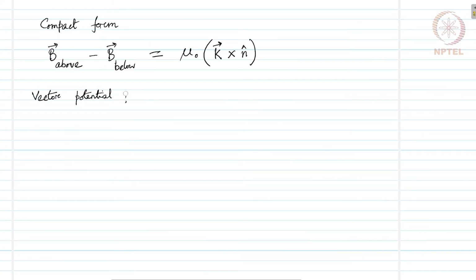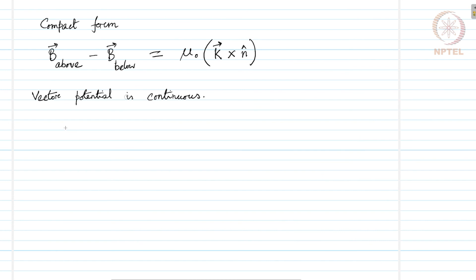Therefore, the vector potential must be continuous across any boundary. Every component of the vector potential will be continuous across any surface current density. There is no other possibility. But the normal derivative of the vector potential is not continuous.